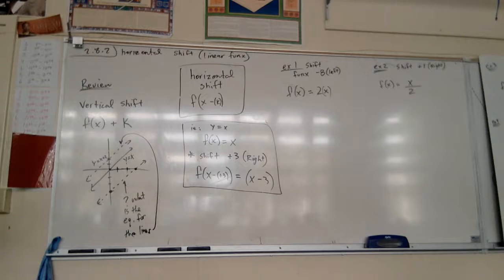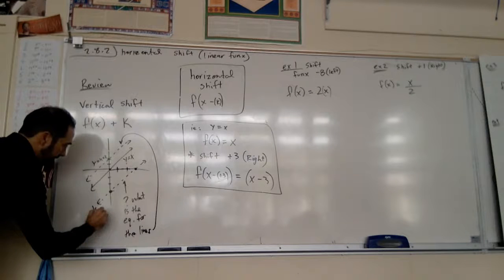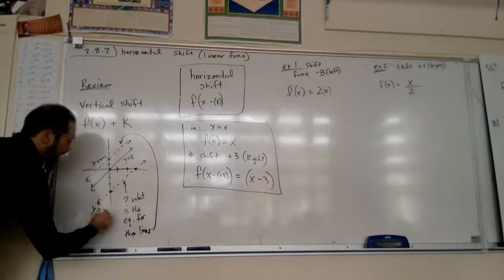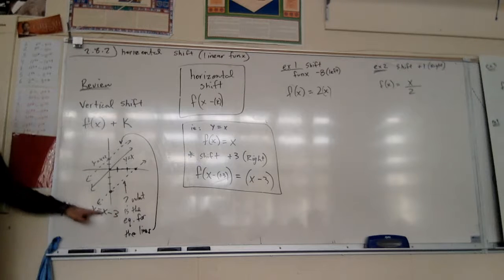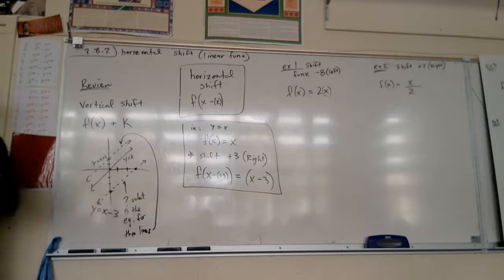So, Grace, what did you get for the bottom dash? Good. It's a -3 shift, so it's the same function, y is equal to x, and we just minus 3 from it. It's not connected to or within the x value. It's just y is equal to x minus 3, and that's moved down.